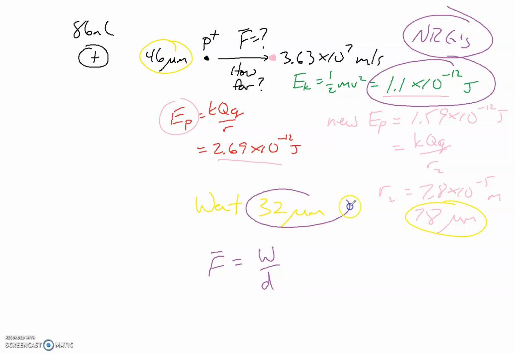The distance I'd want to use is the one that it actually traveled. So if I divide those two out, I get an average force of around 3.4 times 10 to the negative 8 newtons. All right, so there is my average force. Let's clean up that 8 a little bit. That's a little better. Okay, something like that.